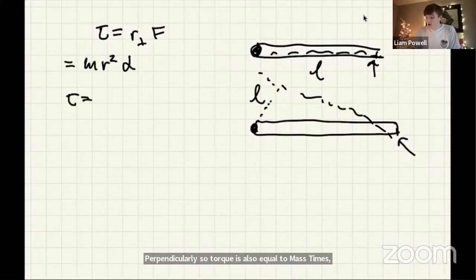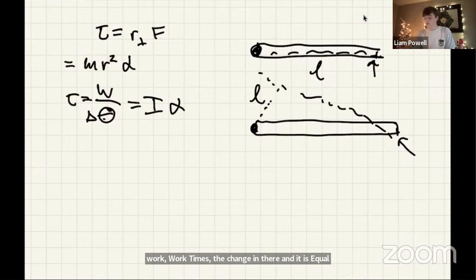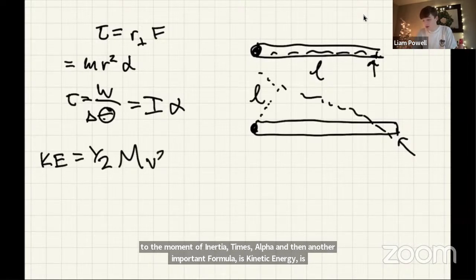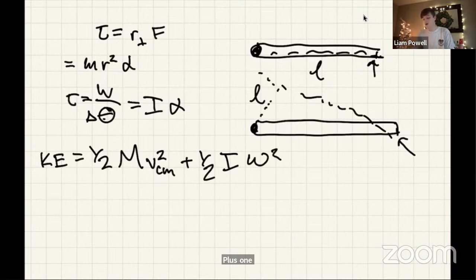Torque is equal to work over the change in theta, and it is equal to the moment of inertia times alpha. Another important formula is kinetic energy, equal to 1/2 mass times the velocity of the cm squared, plus 1/2 moment of inertia times omega squared.